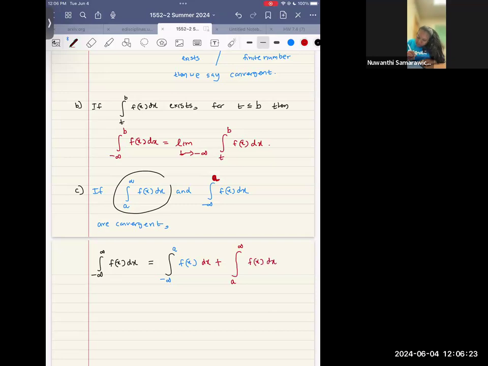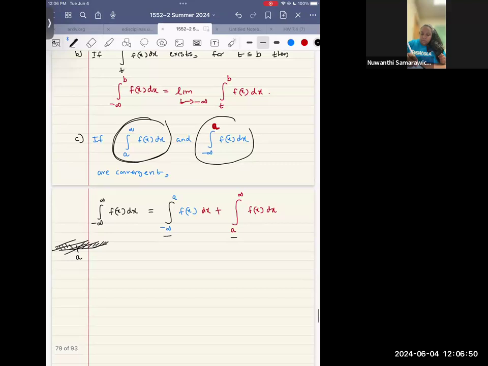So if you draw a real line, it's a. This part means all this side. This means all this side. So negative infinity to infinity means the whole real line. So that's why we can add this one and this part so that we can get the whole real line.